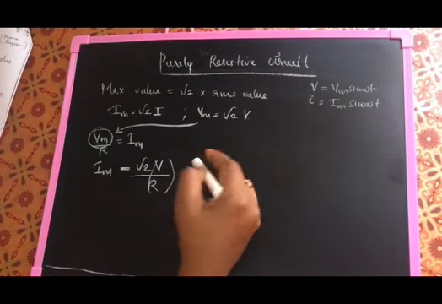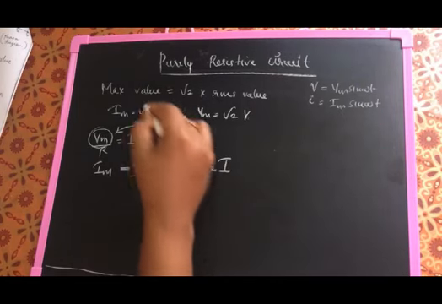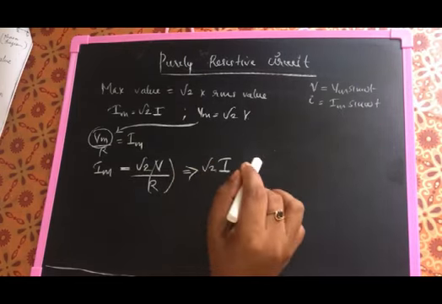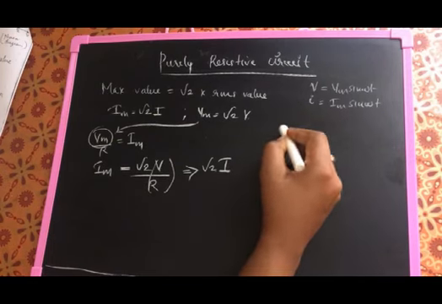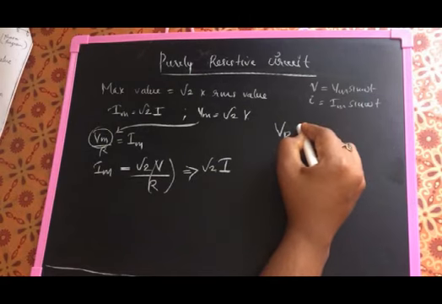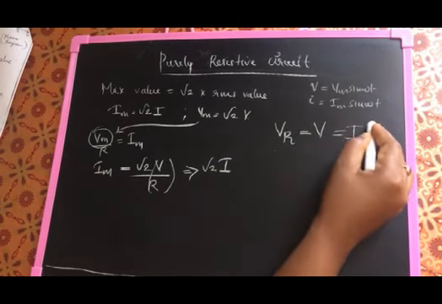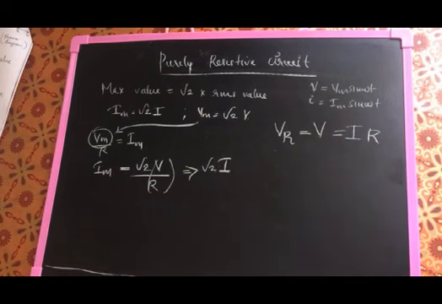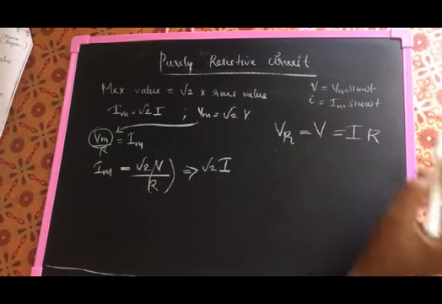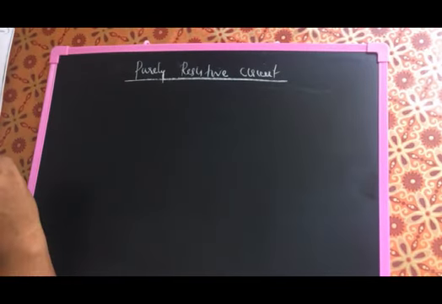V by R is again I by Ohm's law, so that is equal to root 2 into capital letter I. So you get both equations. From this it is very clear that VR, the voltage across the resistor, is equal to capital letter V, that is equal to I into R, where I is the RMS value of the current and R is the resistance.